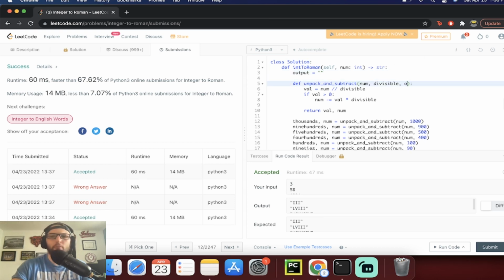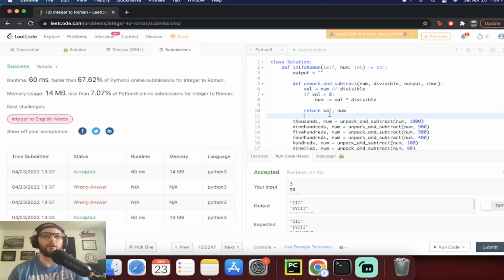You pass in the output value. Num divisible, and then a char. Okay. Instead of returning that, you could return num, which makes sense.